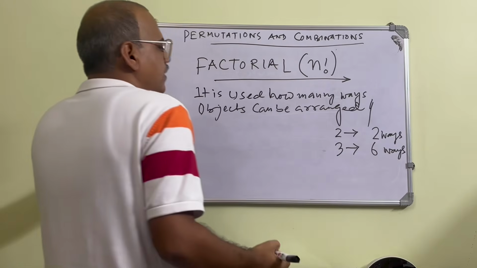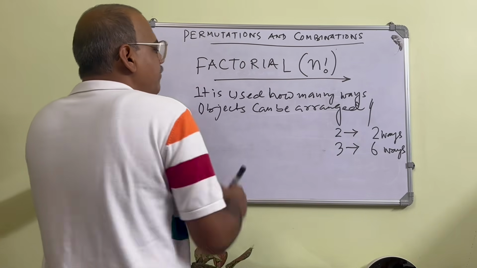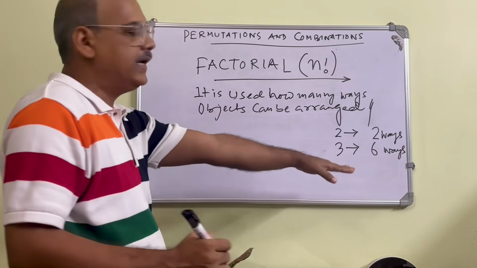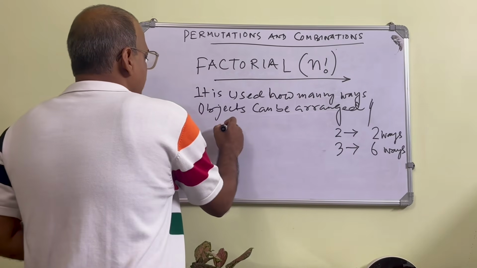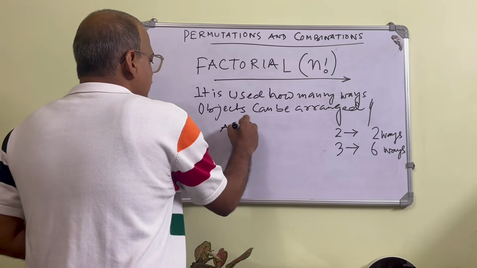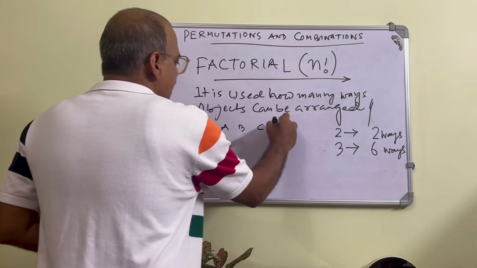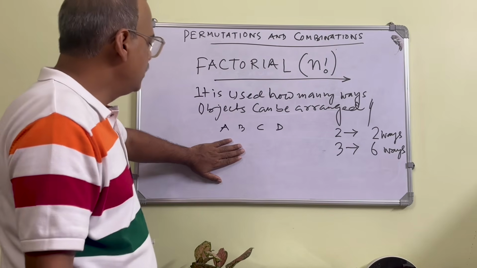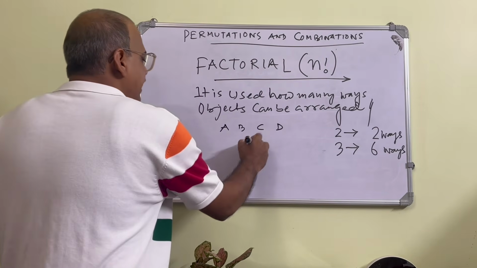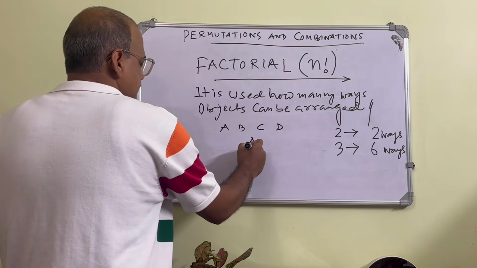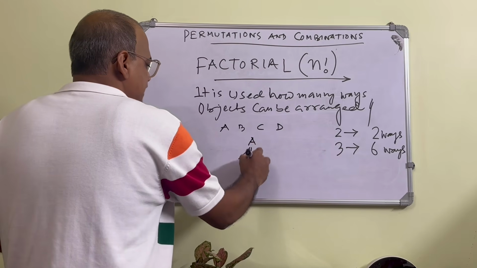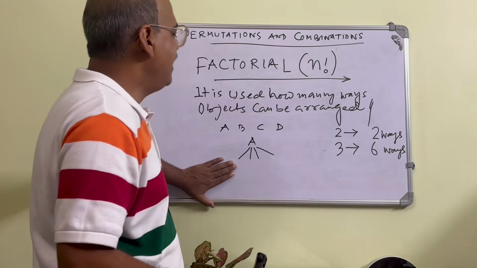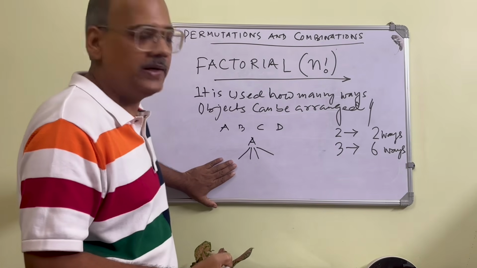If you have 4 such objects, A, B, C and D, how many different ways can we arrange them?